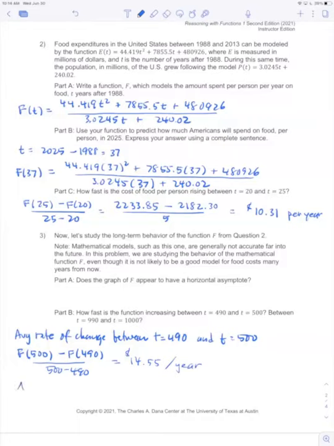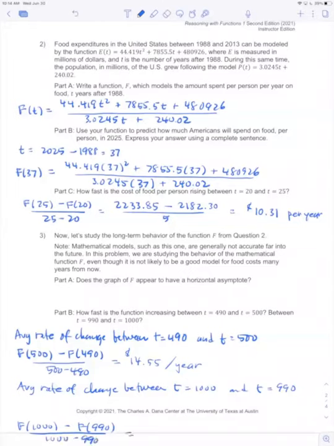Now, the average rate of change when t is equal to 1,000 and t is equal to 990: f(1,000) minus f(990) over 1,000 minus 990 equals 1465, and that's dollars per year.